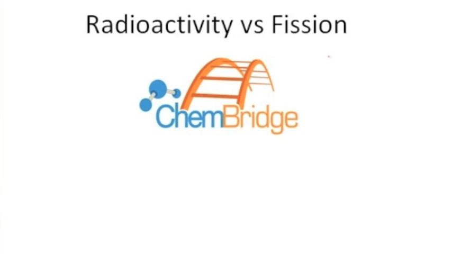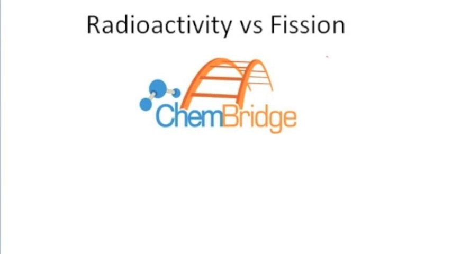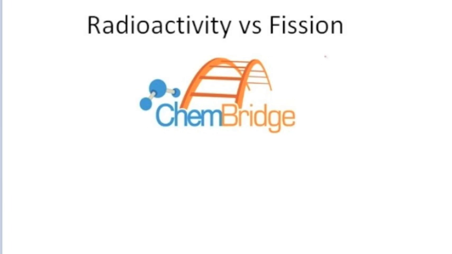Now, we have already learned about fission reactions, and in this video we're going to compare fission reaction to this process we call radioactivity. Fission reactions, remember, is a nuclear change in which a relatively unstable nucleus is broken into two nuclei of about the same size, but not exactly the same.